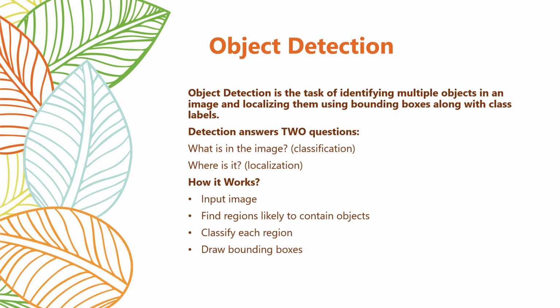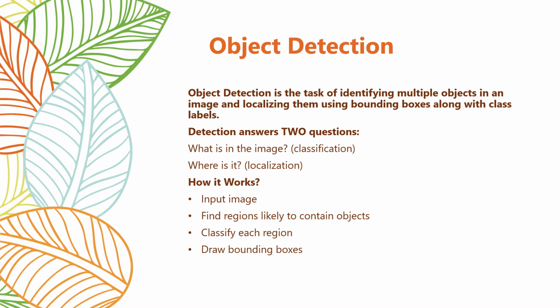The output, therefore, includes both the object label and a rectangular box around each detected object. For example, in a street image, the model may detect a car, a pedestrian, and a traffic signal simultaneously, right? So each object receives its own bounding box and corresponding label.